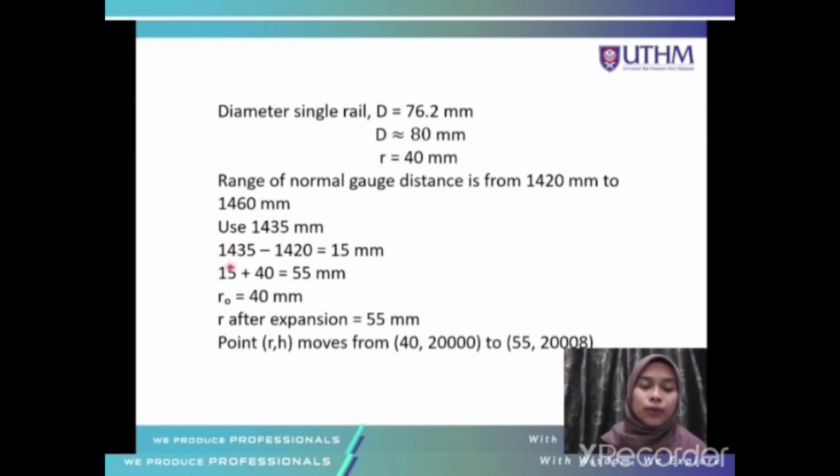So 1,435 mm minus the minimum gauge distance, which is 1,420 mm, we get 15 mm. So the radius after the rod expansion is 15 plus 40, which is 55 mm. So the point r, h moved from 40 and 20,000 to 55 and 20,008 mm.